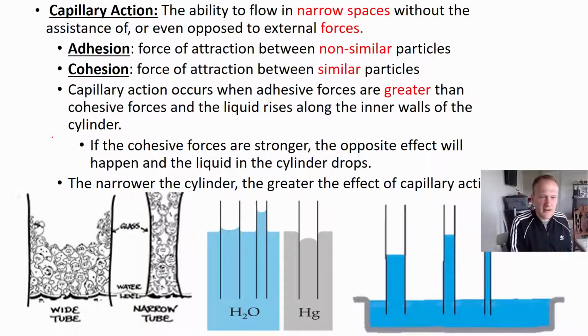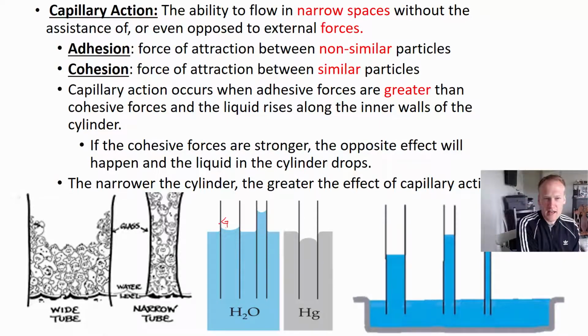And the last one here is capillary action, and once again, intermolecular forces are what it's based on. Adhesion is the force of attraction between non-similar particles, and then cohesion is between similar particles. So if we think about water and a capillary tube, the water's attraction for itself is cohesion, but then the water also has attraction for the side of the tube, the glass.